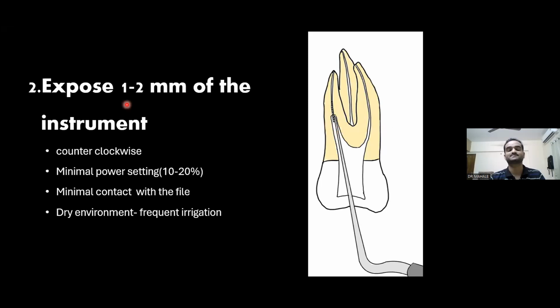All of this is done in a dry environment. We should always keep in mind the heat generated by the ultrasonic during use, so you should always keep it as short cycles of troughing and irrigation.